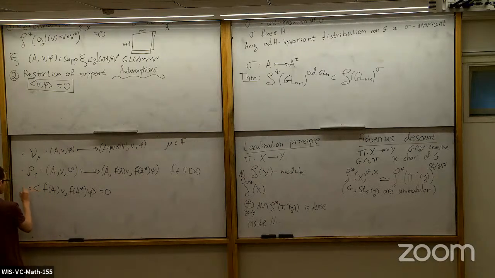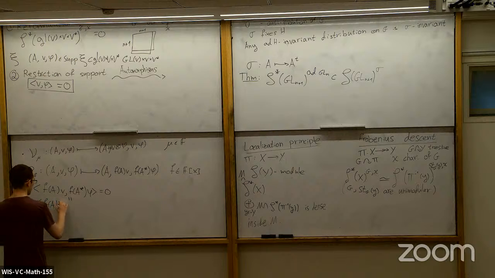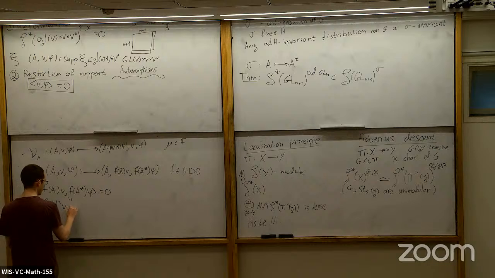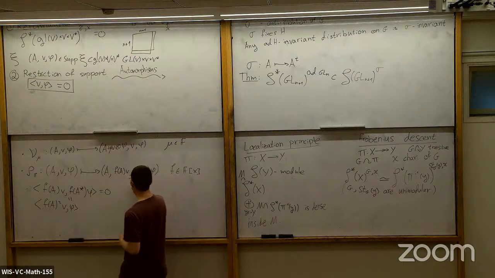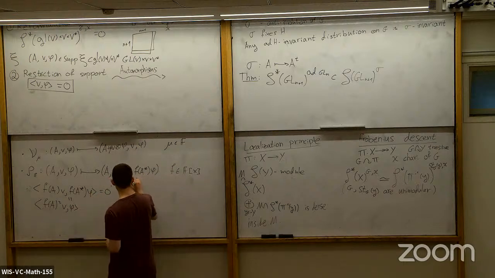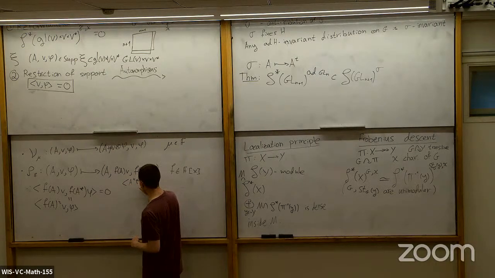It is equal to <f(A)^2 v, phi>. And now I claim that this implies that <A^k v, phi> is equal to 0.